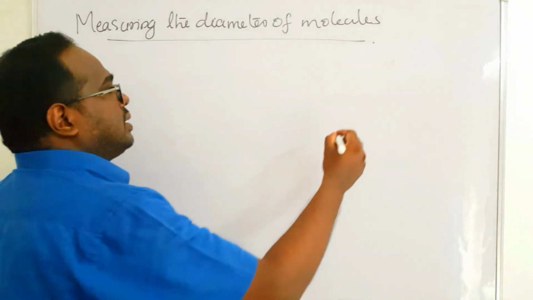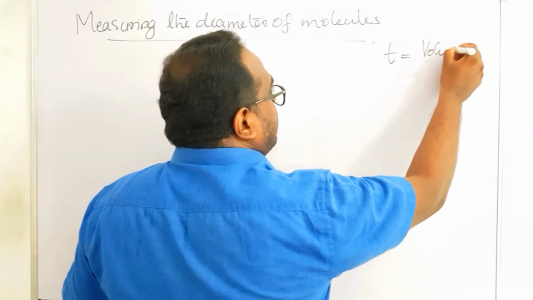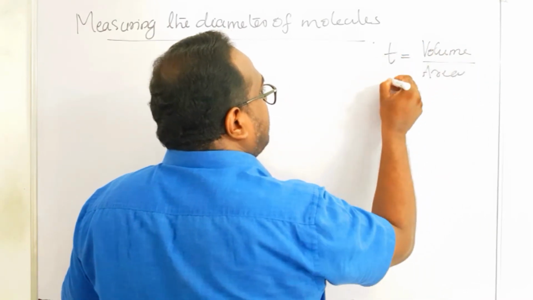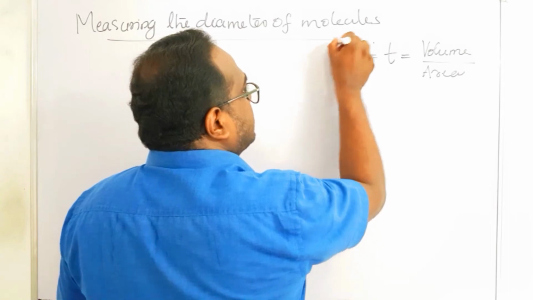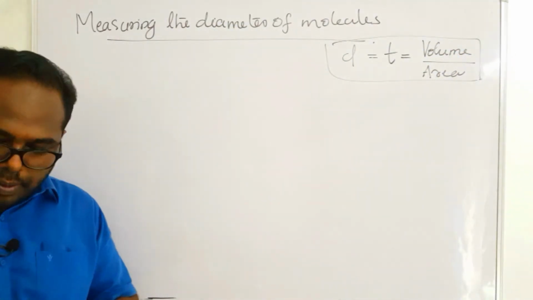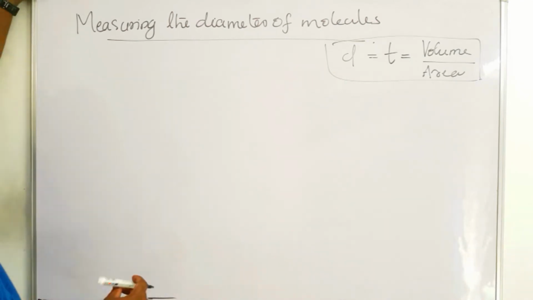So this is our equation. Remember this: t is equal to volume by area. This t will also be equal to d, the diameter. This is our formula. First we will make a very dilute solution.